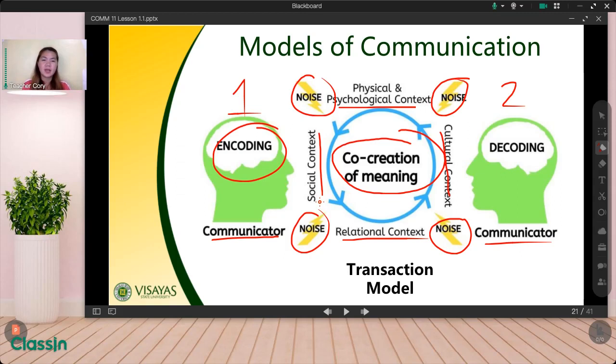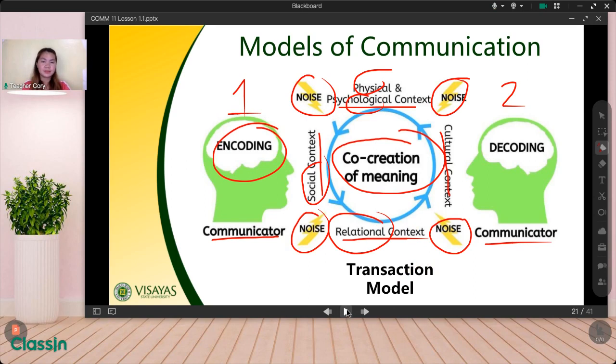So it's not a one-time communication, but an amalgam, a combination or a mix of different exchanges or engagements that we have with other people. So we try to consider cultural, social context, physical and psychological and relational aspects in communication.